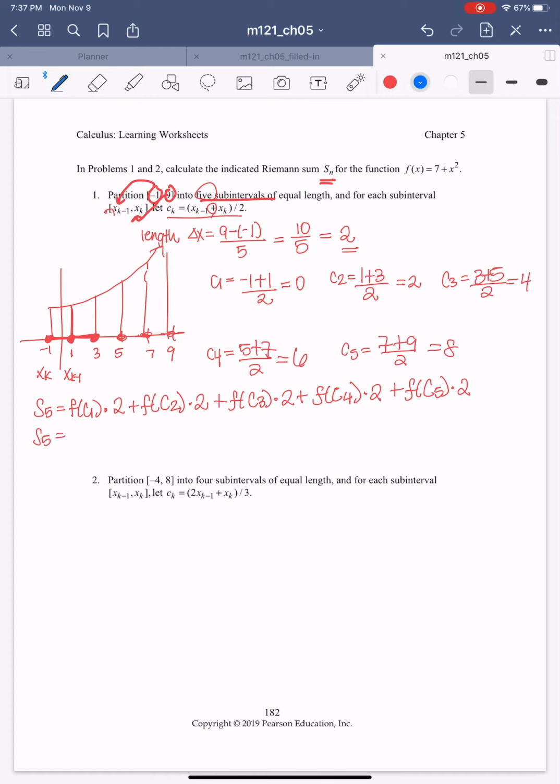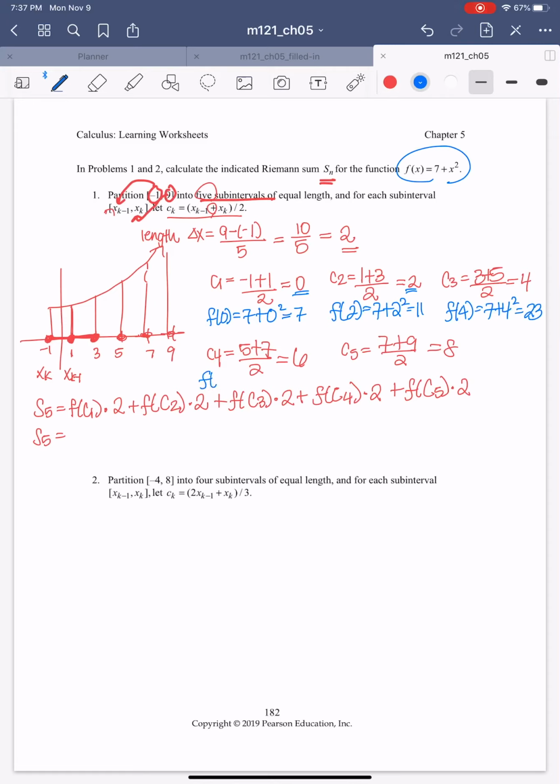Well, if I take 0 and plug it into this, F of 0, that's 7 plus 0 square, which is equal to 7. F of 2 is 7 plus 2 square, which is 7 plus 4, which is equal to 11. F of 4 is 7 plus 4 square, so that will be 23.